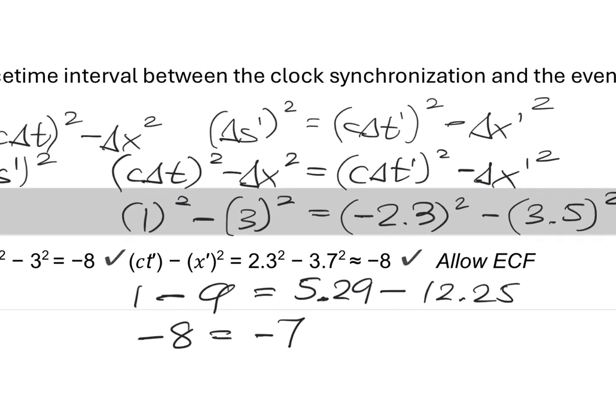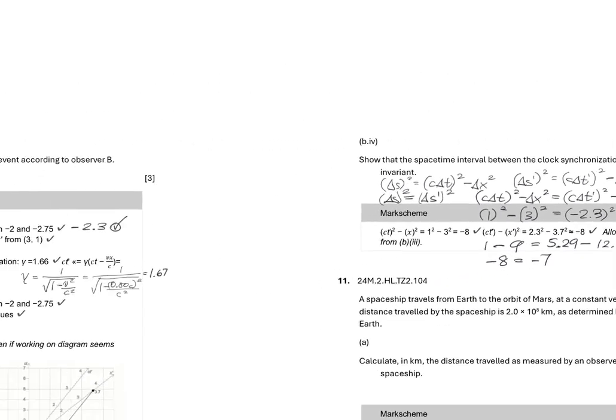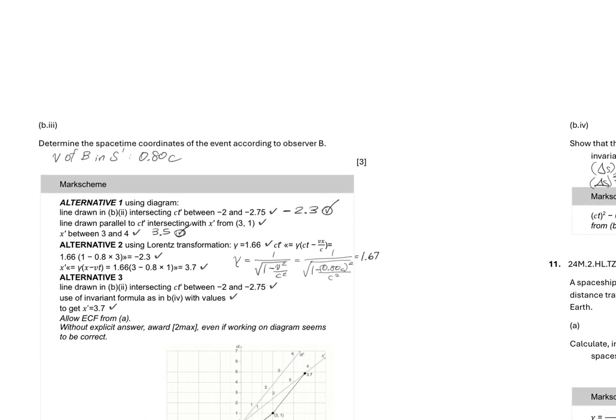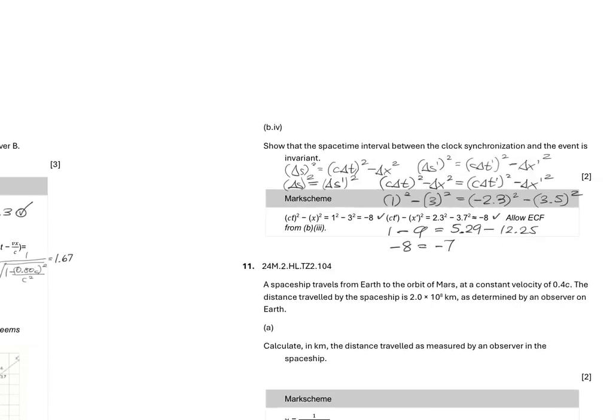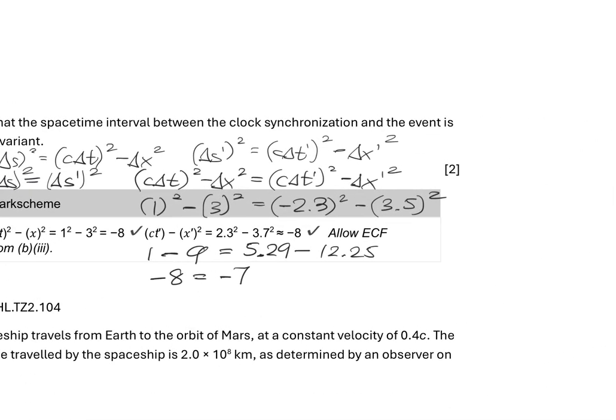But they said that x prime is 3.7. So let's try it with 3.7 instead of 3.5. A little erase action here. Let's use the red eraser. You have to make those noises when erasing.